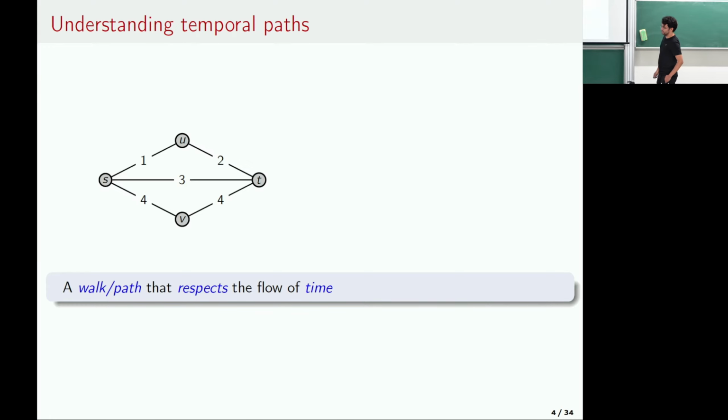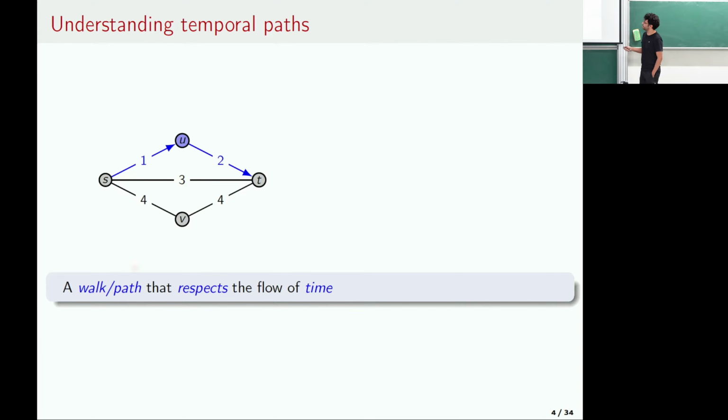Just as an example, let's try to understand a little bit about temporal paths and temporal walks. Naturally, you can translate from the realm of undirected graphs to temporal graphs by saying that I now want paths and walks that respect the flow of time.